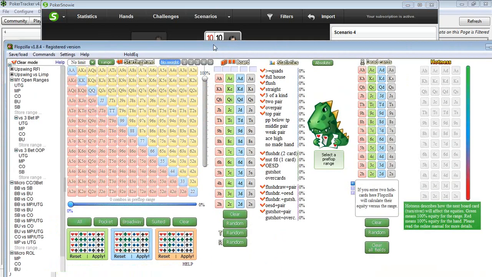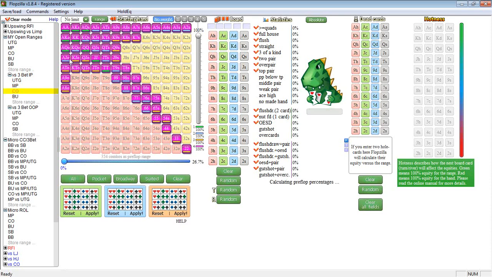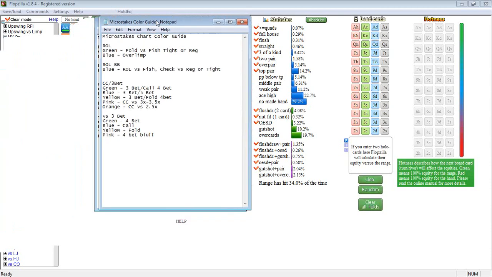Let me just see something here. Let me put in these particular cutoff hands I would 4-bet. Hang on a sec. I forgot my color coding for this. You remember I made a video about this. Hang on. First 3-bet.